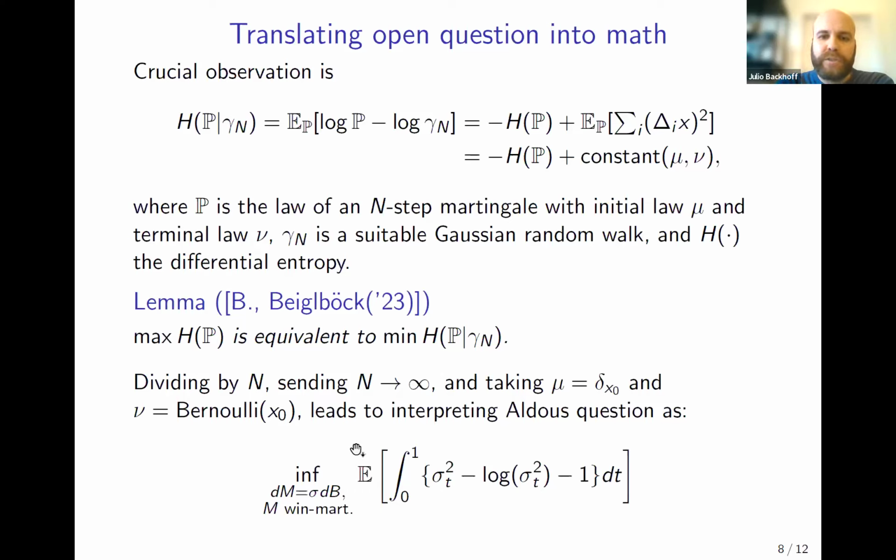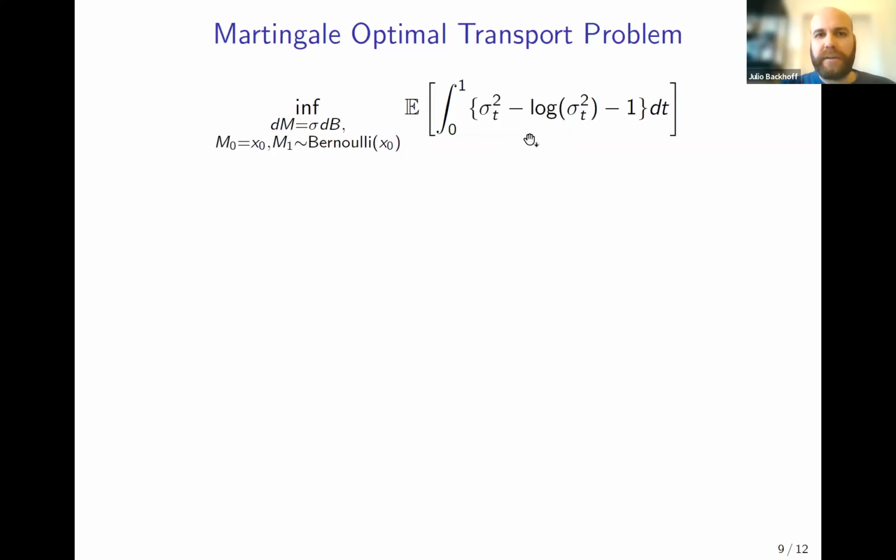Okay. So in this article, we just do these heuristic steps, and then we go on to solve this problem without showing convergence of discrete to continuous or anything like that. So we are only interested in solving this continuous time problem here, which I am restating here. The same thing, but now I'm telling you, M is a Wiener martingale, so it means it starts at x0, finishes in Bernoulli.